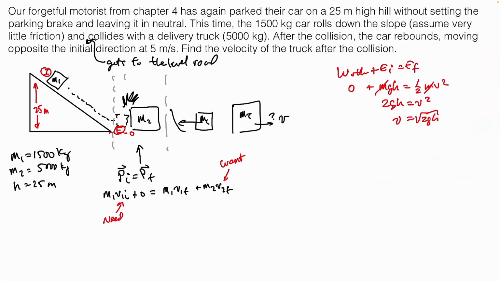What do you know about the speed of an object if there's no friction and it falls through a height h? How fast is it going to be going? Square root of 2gh. Again, that applies if there's no sliding friction. If there were sliding friction, what would we have to do? Work other, right? There'd be some additional things going on.